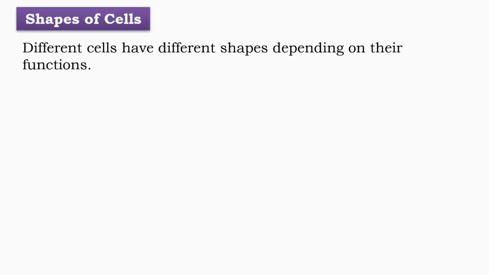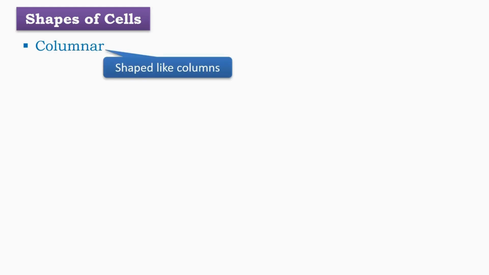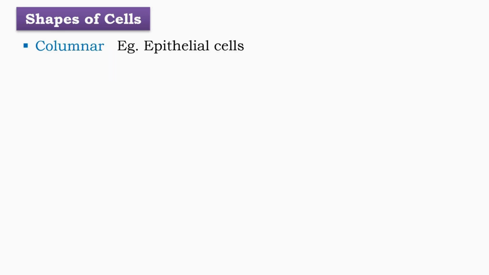Module 2: Shapes of cells. Different cells have different shapes depending on their functions. Like columnar, shaped like columns. Example, epithelial cells.